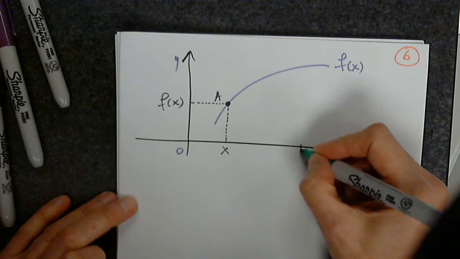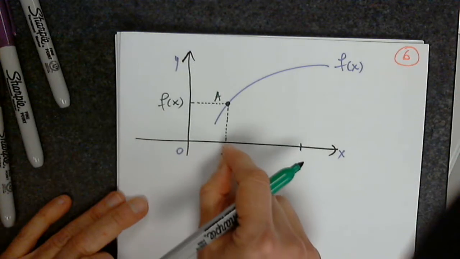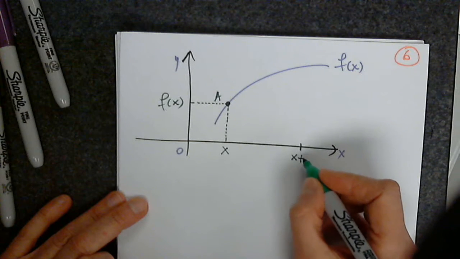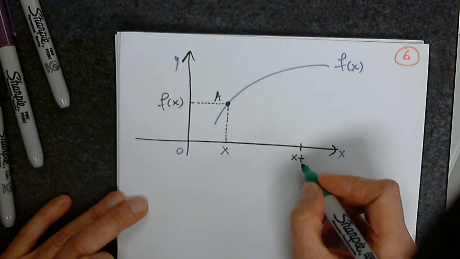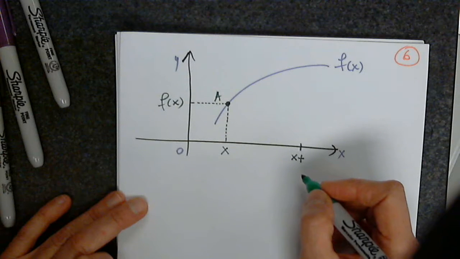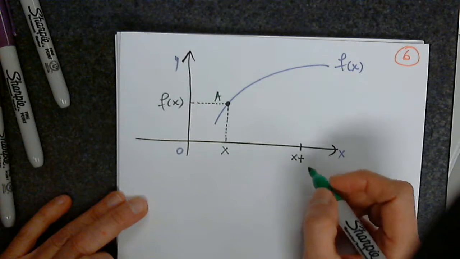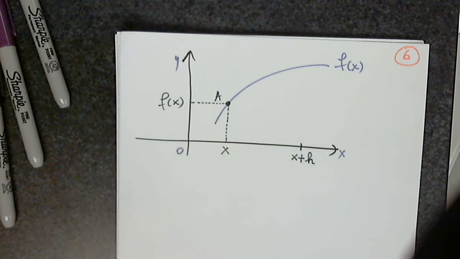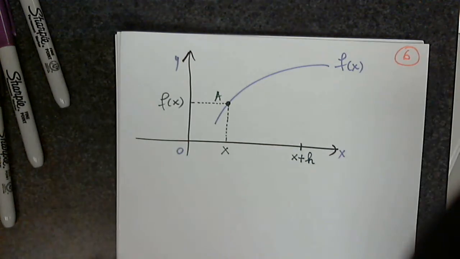But it's very, very close. So I'm going to say this is x plus a little bit. Normally in calculus and pre-calculus, a little bit is denoted by little h. So that h is 0.10 cents.